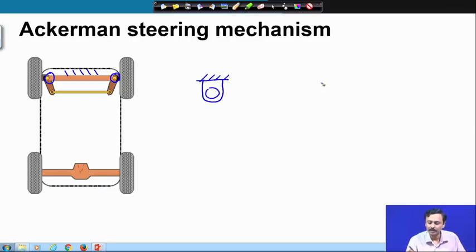This is one ground hinge, this is the other ground hinge. Now, this kinematic pair connects to this link, and this kinematic pair connects to this link.